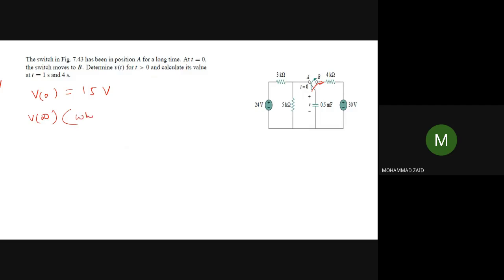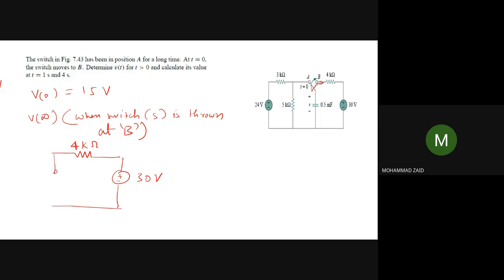When the switch S is thrown to B and after a very long time, what will the voltage be? That will be V infinity. So when switch S is thrown at B, from this figure at B the resistance will be 4 kilo ohm. There will be a 30 volt voltage source, and there will be a capacitor. So the capacitor will be charged at t equal to infinity.